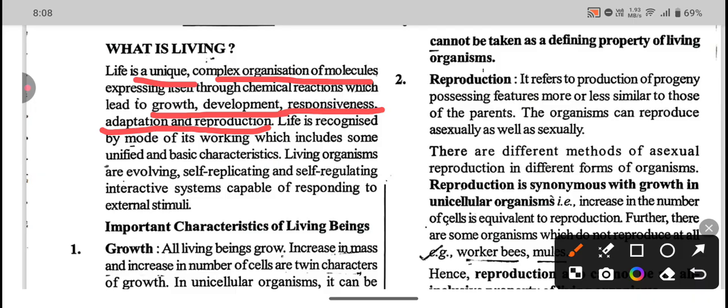So, life is recognized more by its working, which includes some unified basic characteristics. Living organisms are evolving, self-replicating and self-regulating interactive systems capable of responding to external stimuli. This is a brief introduction of what is living.